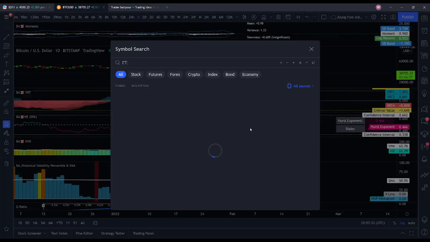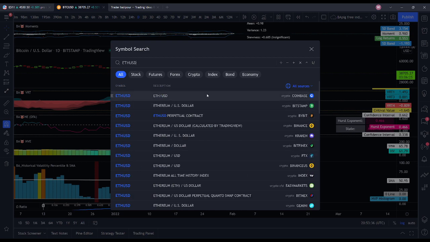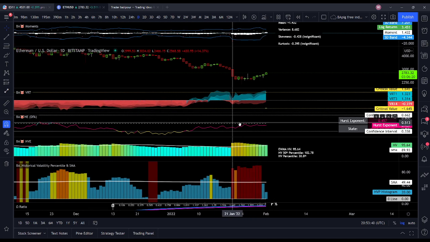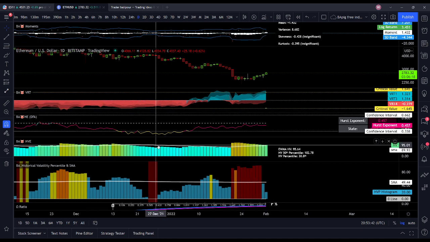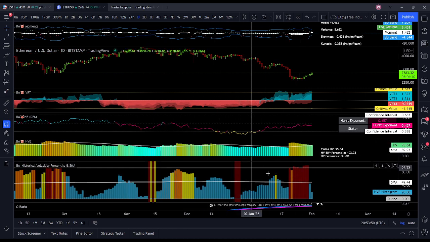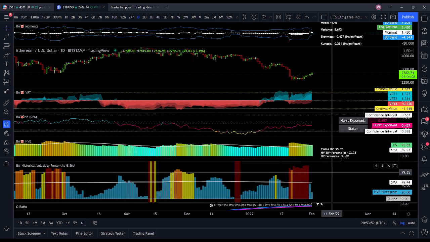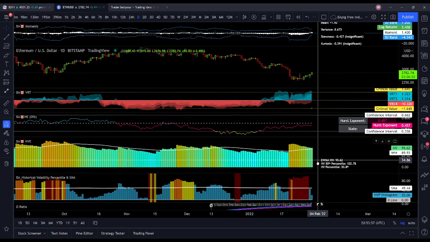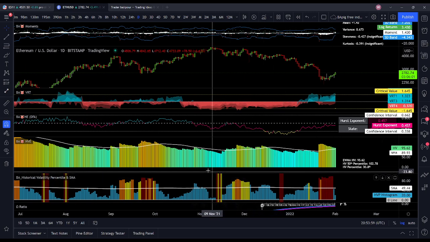So maybe we can check out Ethereum. And we can see over here that the volatility expanded when Ethereum was at $4,000, and now volatility is still, and that's why having both of these indicators up is nice, being able to take that into context with the past 500 candles.